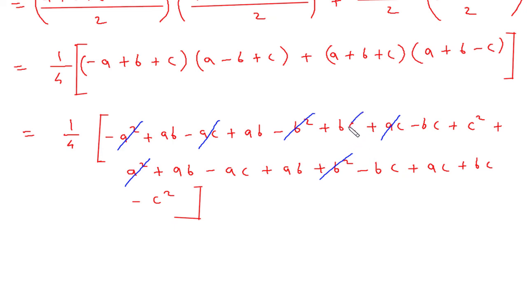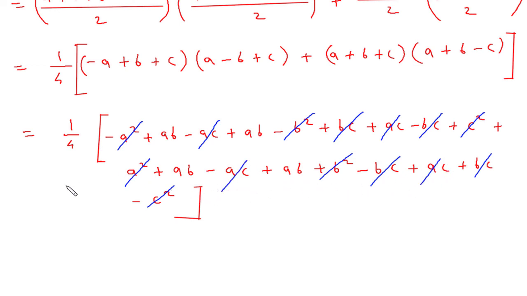This plus bc will be cancelled with this minus bc. This minus bc will be cancelled with this plus bc. This c square will be cancelled with this minus c square. This minus ac will be cancelled with this ac.